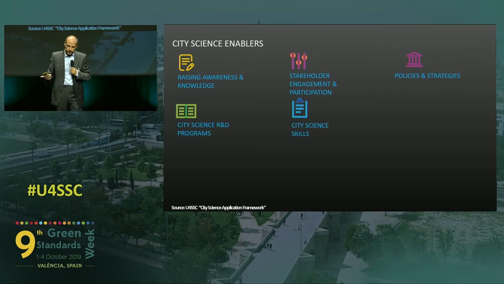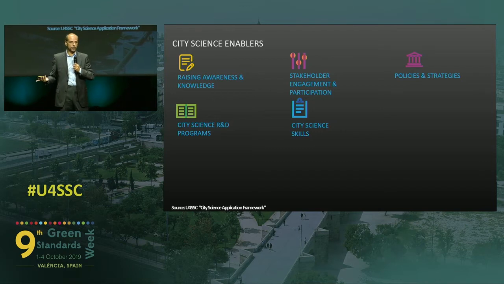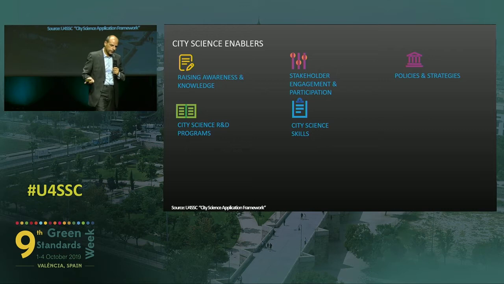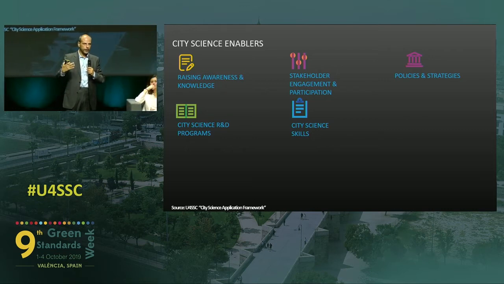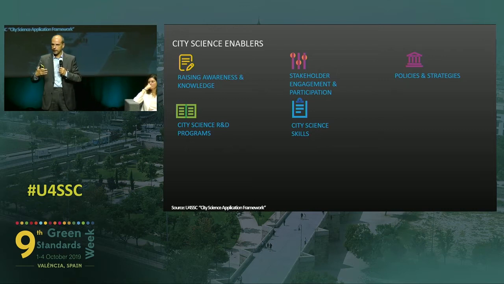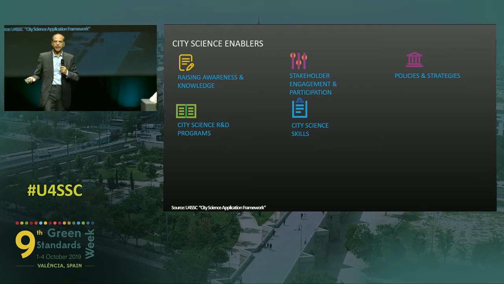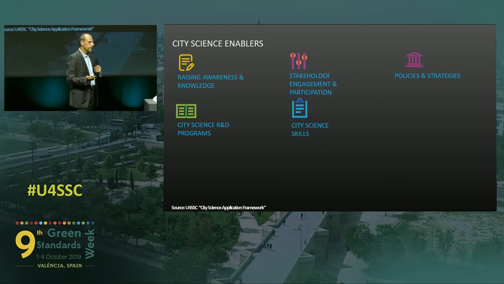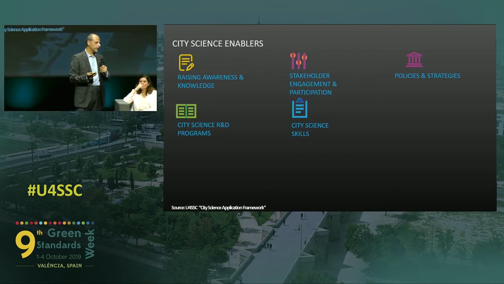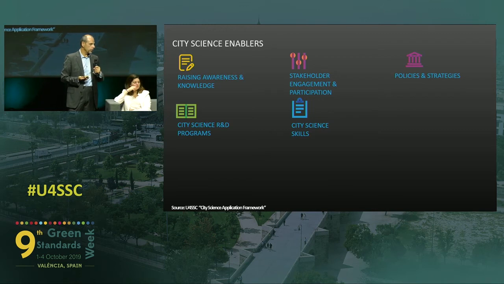And then R&D programs and skills are 2 other important enablers. Especially R&D is important because when we talk about sophisticated solutions, new technologies, frontier technologies, and mathematical models, R&D becomes very important. The knowledge base will be essential if we want to boost city science in general in urban contexts.